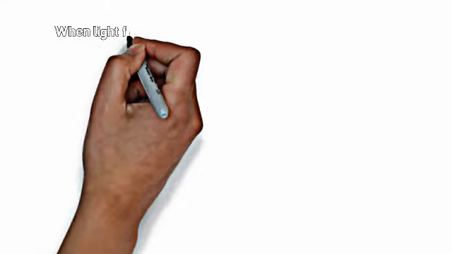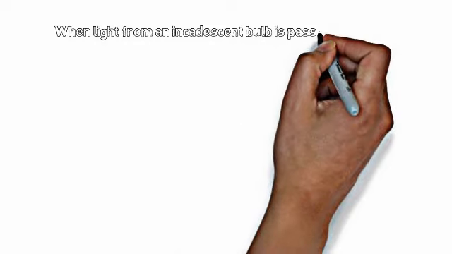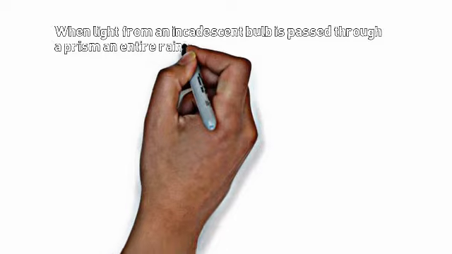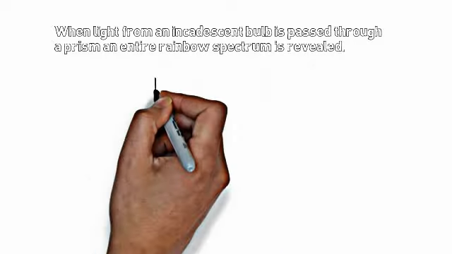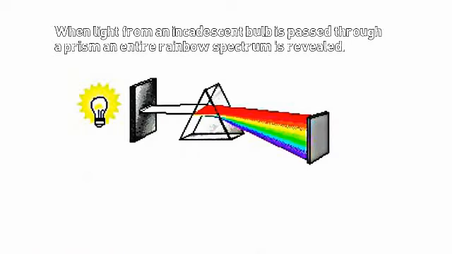So we have to come up with a way to explain what's going on. And that's where Niels Bohr comes in. Niels Bohr noticed that when you looked at light from an incandescent bulb, it created an entire rainbow spectrum of light. So when the light goes through a prism, there's an entire rainbow spectrum, which are the different wavelengths of light, which correspond to different amounts of energy.